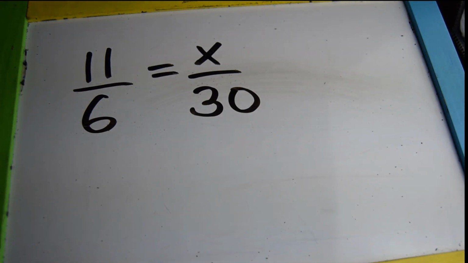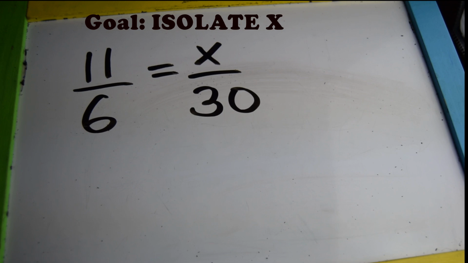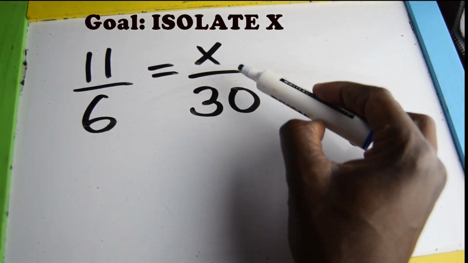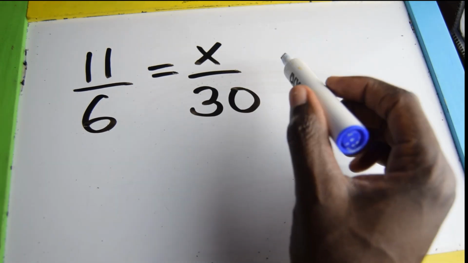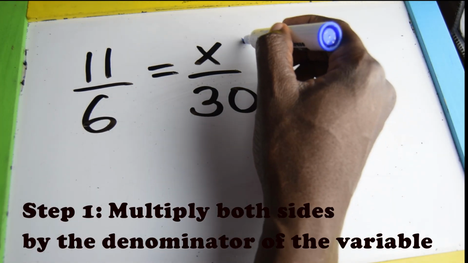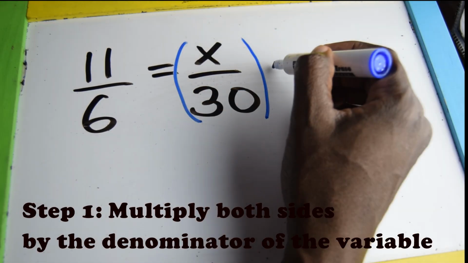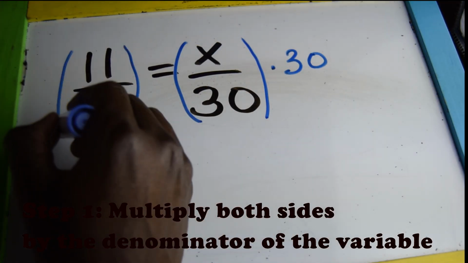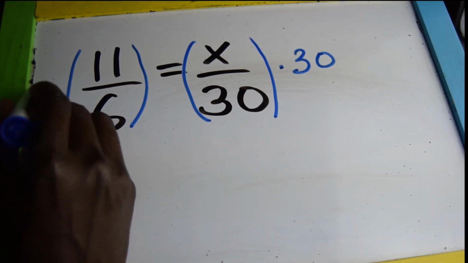There are various ways of going through this. We shall start with the easiest way, which is to isolate x. Here x is being divided by 30, so I can multiply both sides by 30.